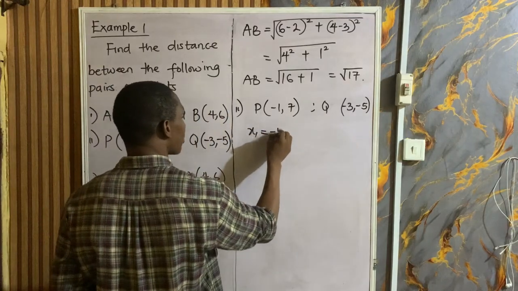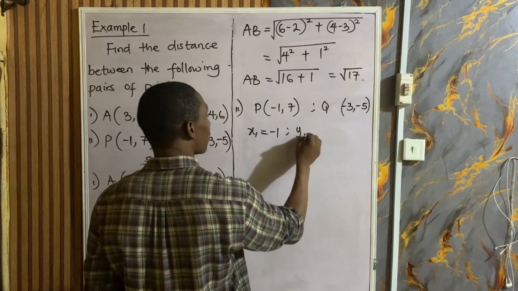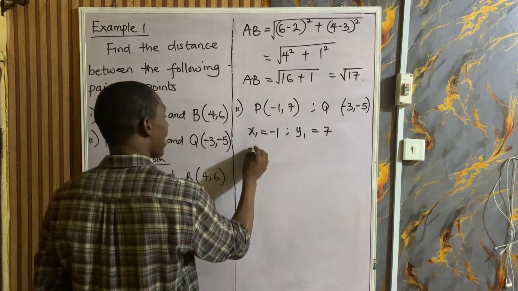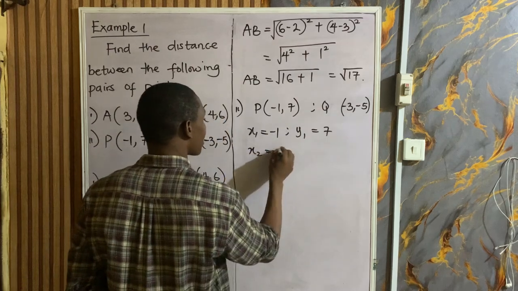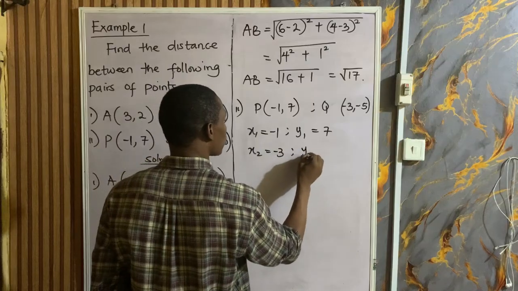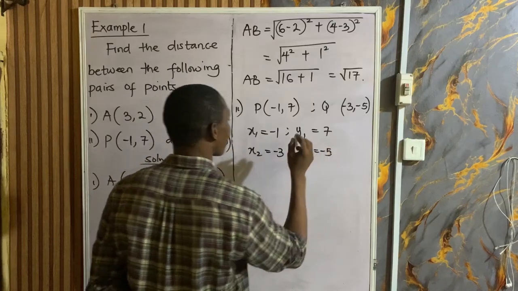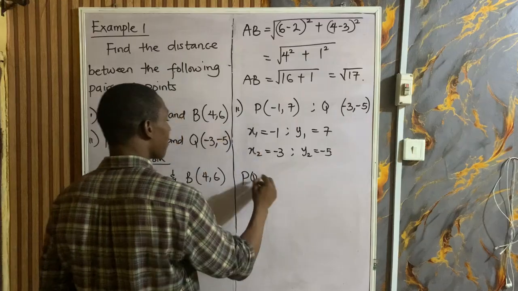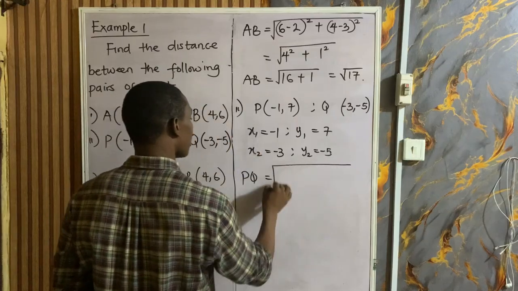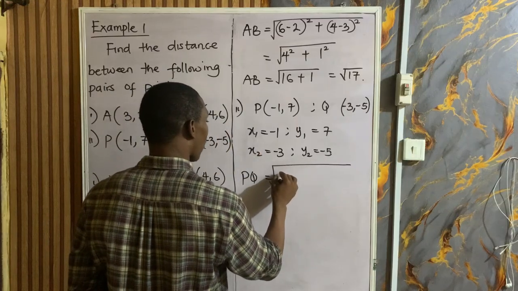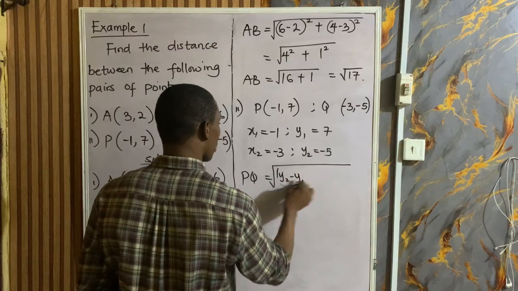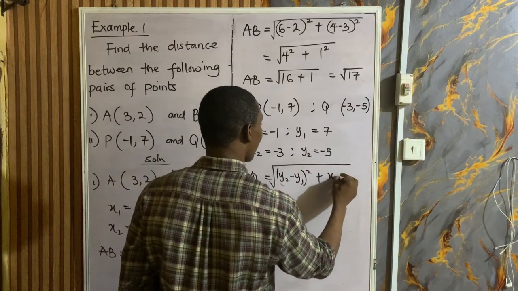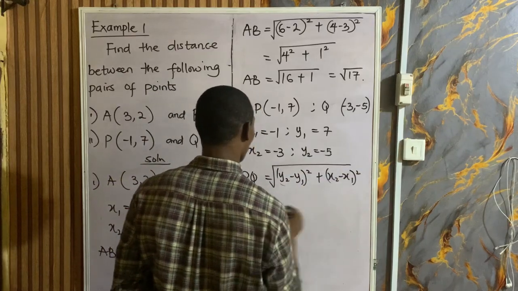So our x1 is -1, y1 is 7, our x2 is -3, and our y2 is -5. And so let's go with our formula. Since it's P and Q we have here, PQ is going to be y2 minus y1 again, all squared, plus x2 minus x1, all squared.